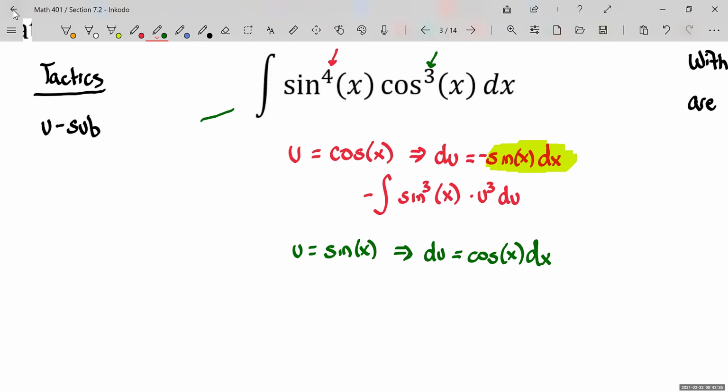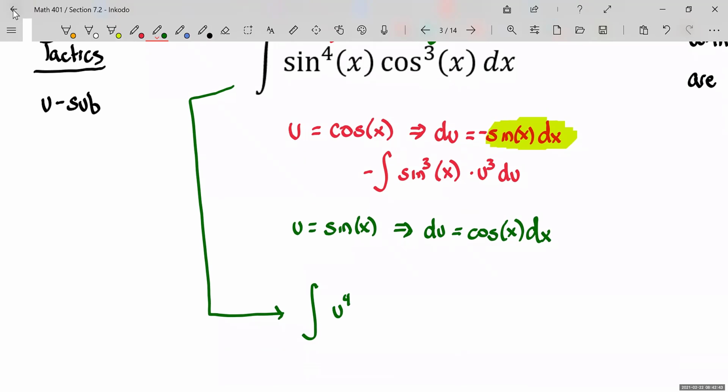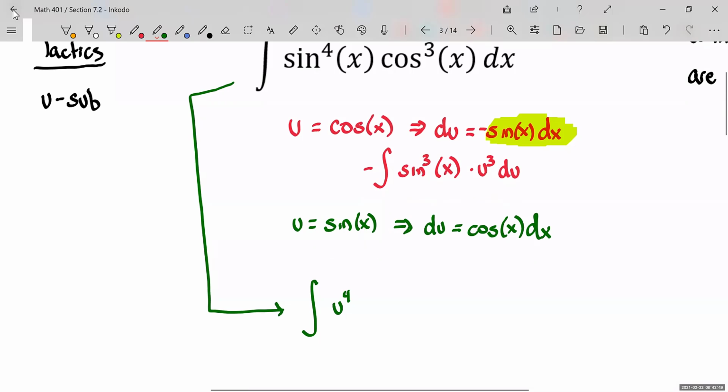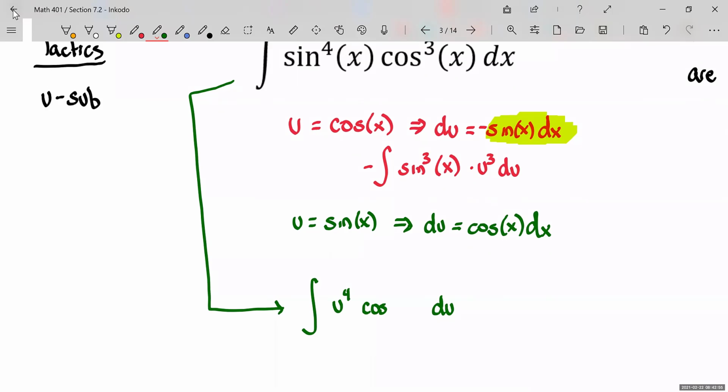Our integral will become sine to the fourth, but sine is u, so u to the fourth. I'm going to steal away a power of cosine and the dx, and replace them with a du, and I'm left with 2 powers of cosine of x.